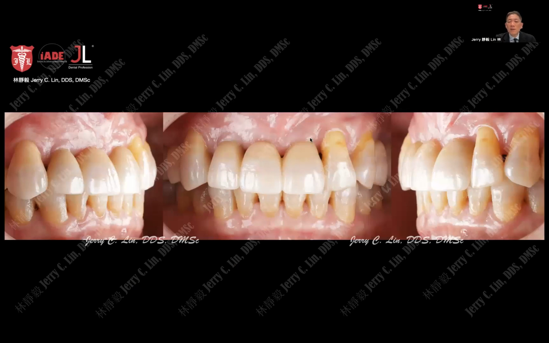So this is the definitive result without any soft tissue grafting, because at the time the patient didn't want soft tissue grafting to build up more volume, and she's okay with the soft tissue and also with the appearance. So we finished the case with this.